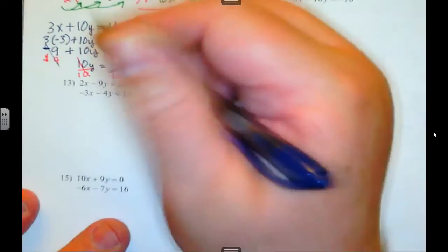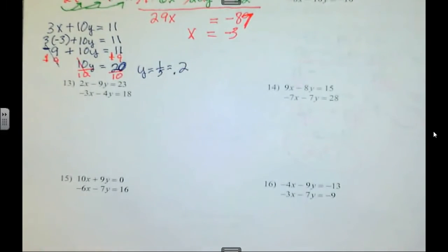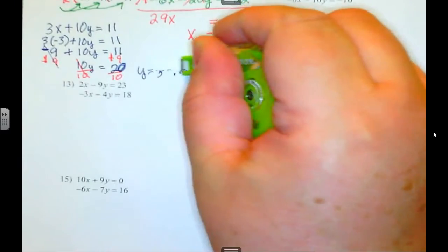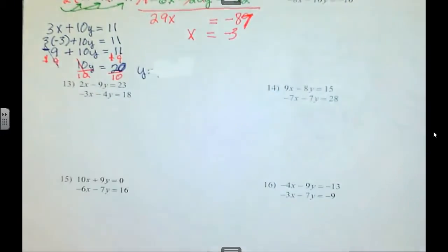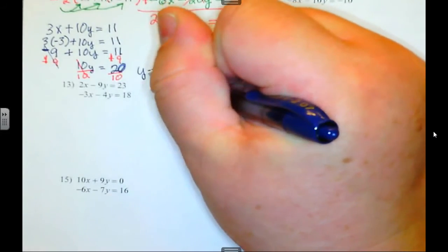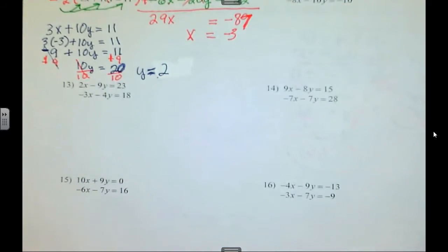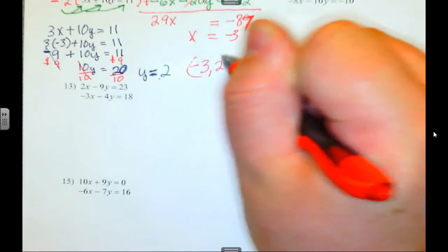Appreciate that, Dewey. Okay, so that should be 20, so y should equal 2. That's why there was so much hesitation in my voice. I don't know if you picked it up. My answer, negative 3, 2.